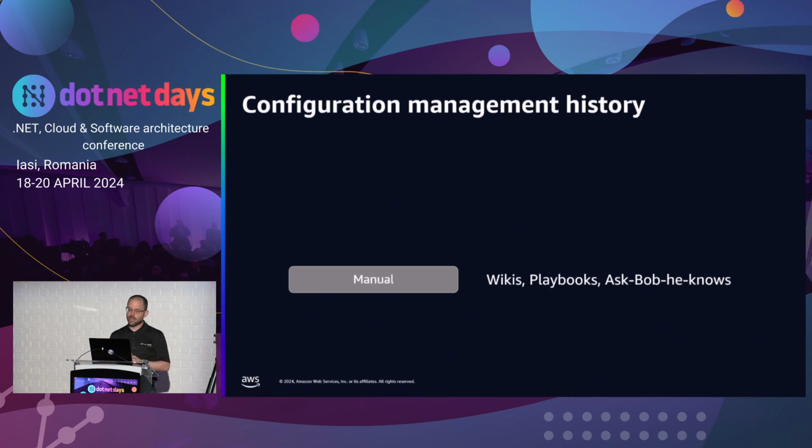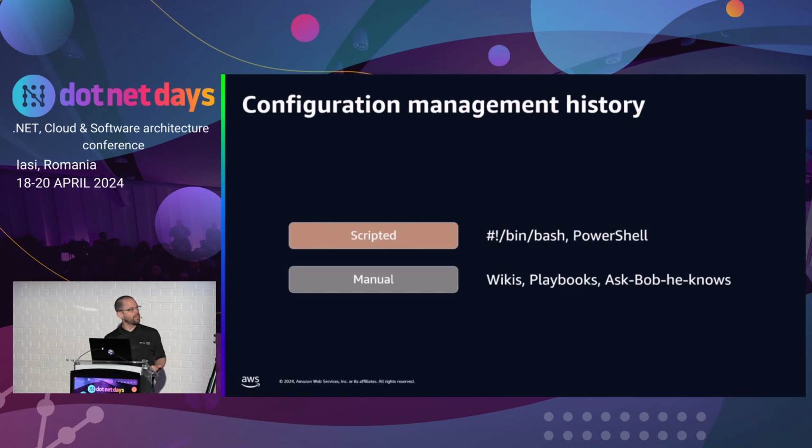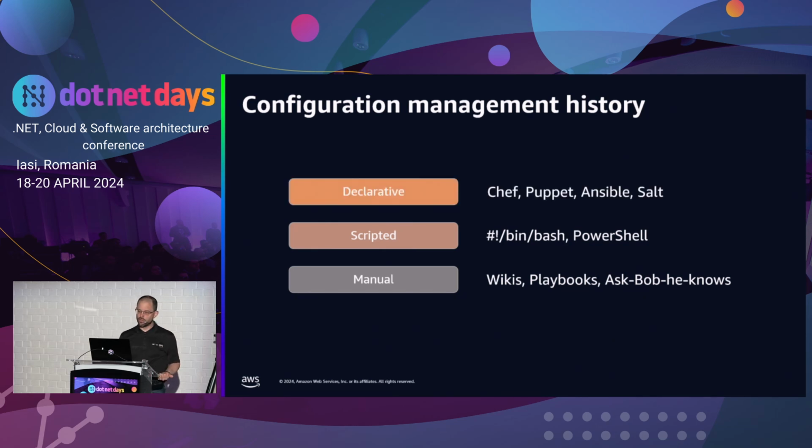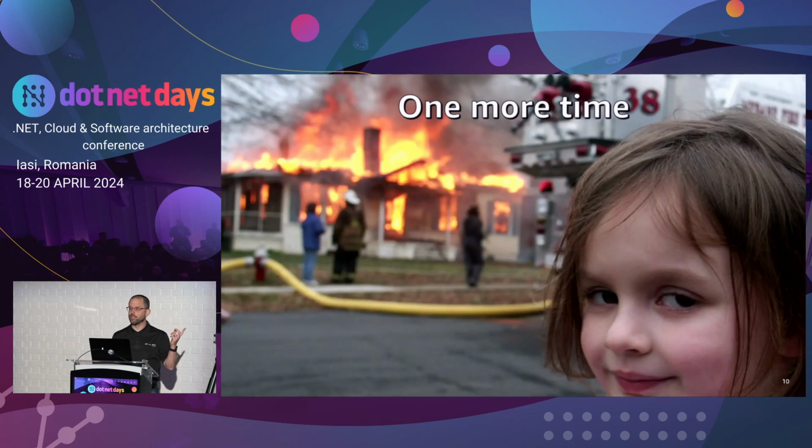Since the very beginning, it was all manual. Then we tried to script this. Then we tried to automate this with, once again, declarative techniques and tools like Chef, Puppet, Ansible, or Salt. And yet, one more time, it happened.